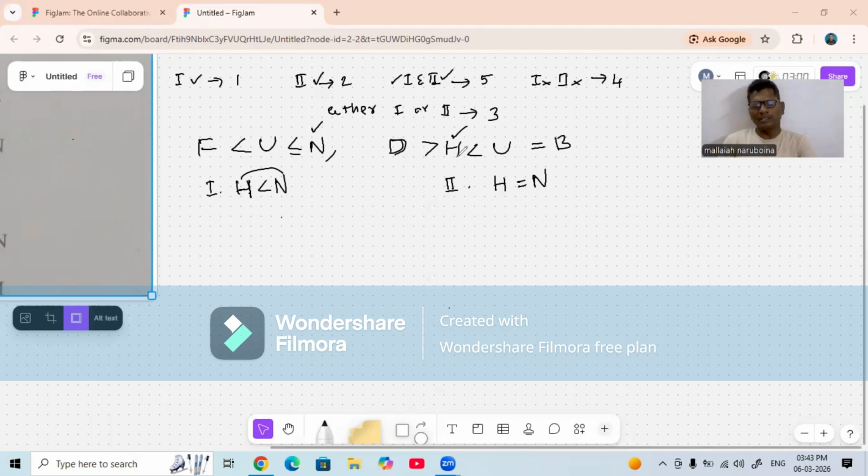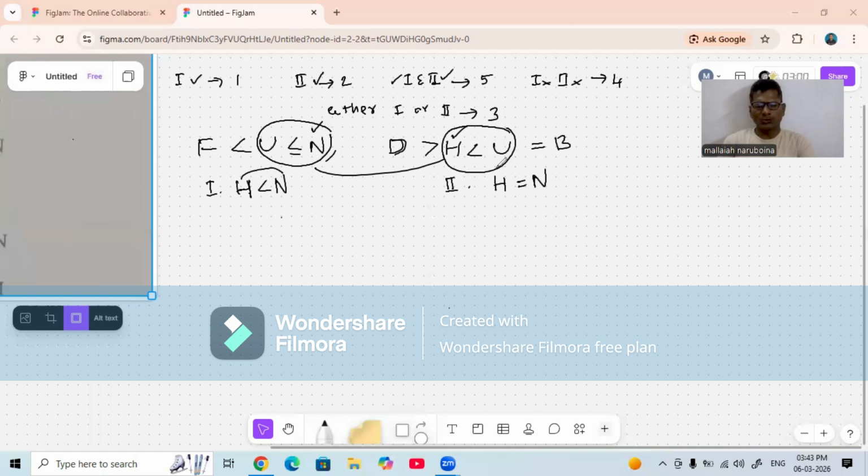To combine these two statements, we need one common letter. What is the common letter in these two groups? Common letter is U. So using that common letter, we have to arrange them to get a relation between H and N. I am taking U and N, here H and U.